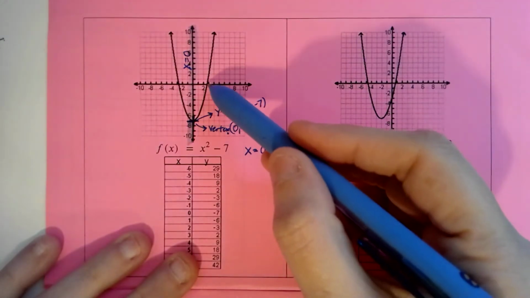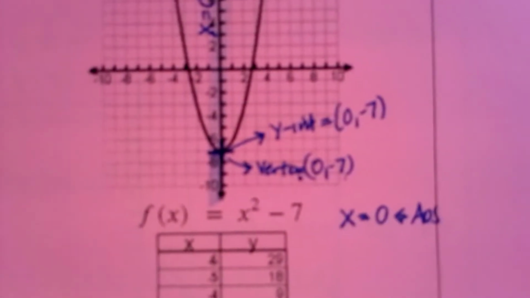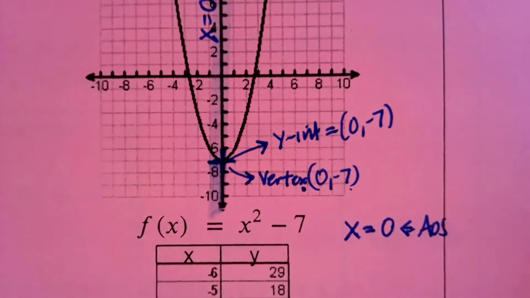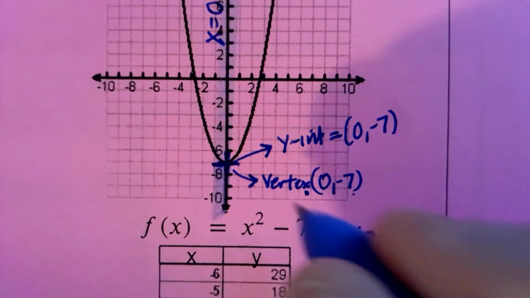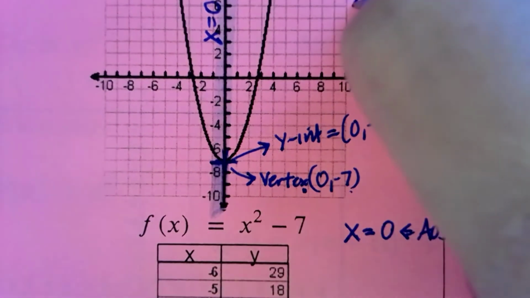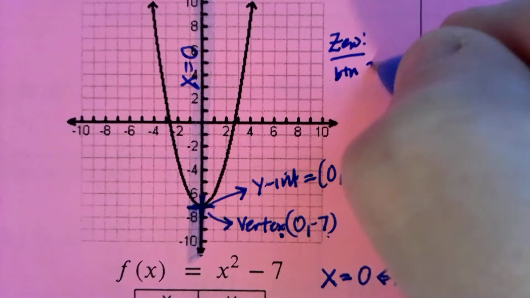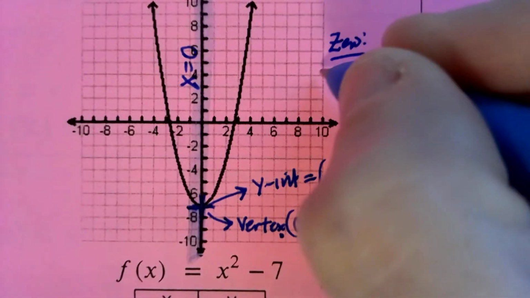Now my x-intercepts are a little trickier here, because if you look, let me zoom in. Okay, my x-intercepts are between, I'm just going to put BTN for between, 2 and 3.